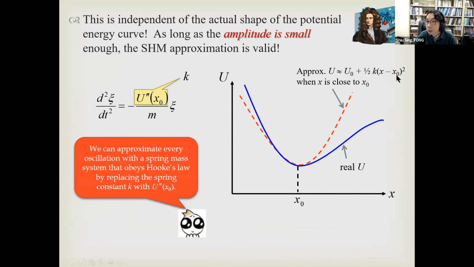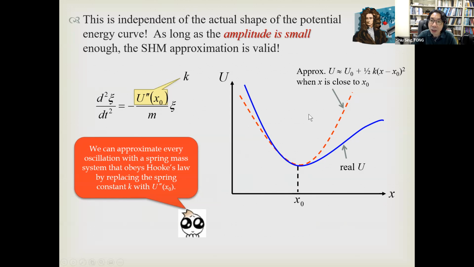And the quadratic function looks like this: u naught plus half k (x minus x naught) squared. When x is close to x naught, I can always choose a k such that my red curve, which is a parabola, gets very close to the real potential energy curve. But that approximation is possible only in the vicinity of the equilibrium position x naught.